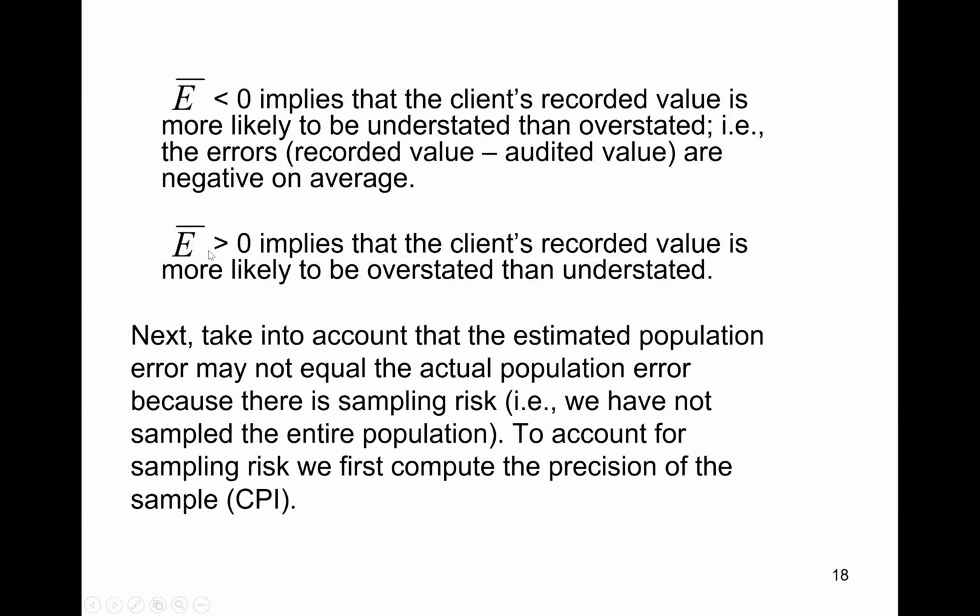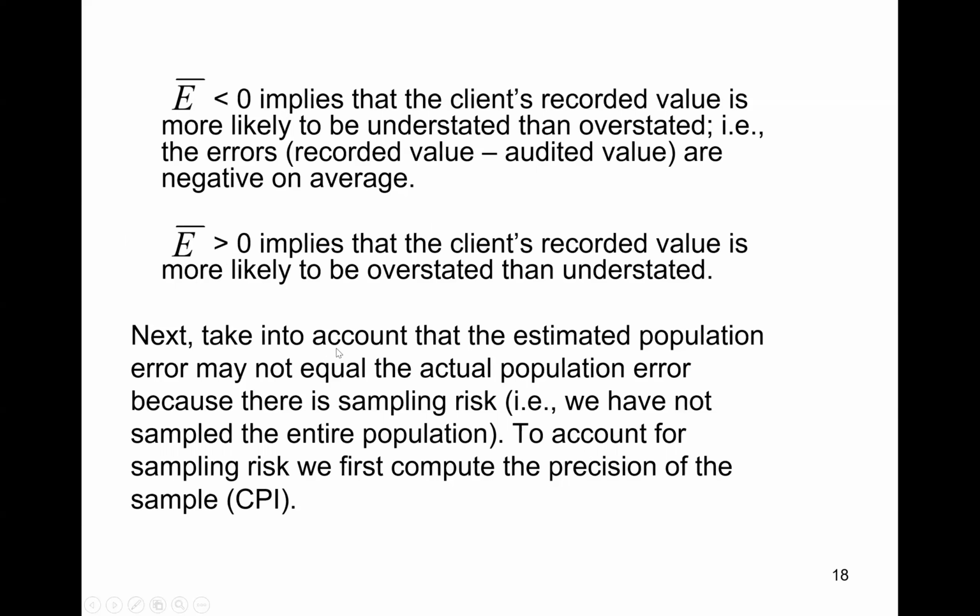And conversely, if E bar is positive, it's most likely that the client's recorded value is overstated rather than understated, that is, the recorded value is greater than the audited value. So make a mental note when you do the calculation of which direction this is going in. Is it overstatement or understatement?